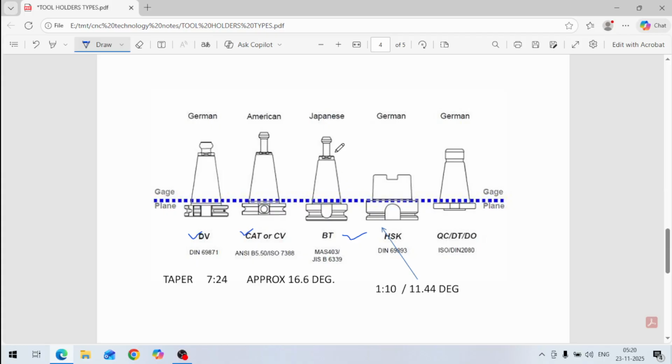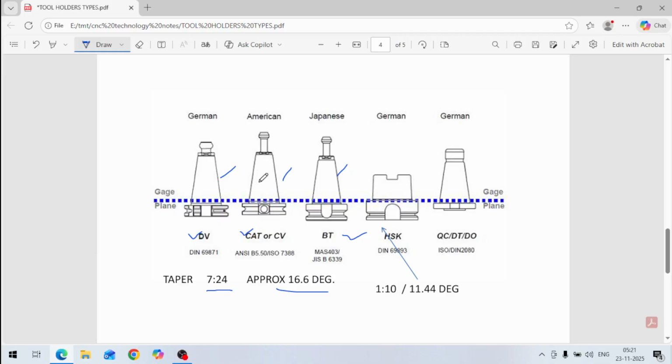We are discussing all these tapers. This back taper is 7:24, and it comes to approximately 16.6 degrees. This is the included angle. So one side angle is 8.3 degrees.